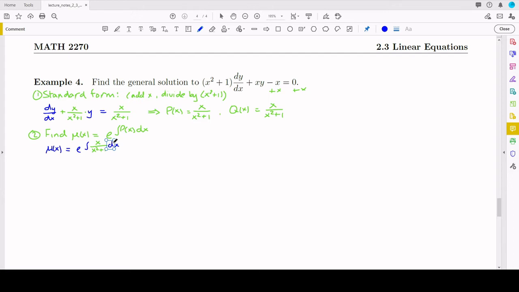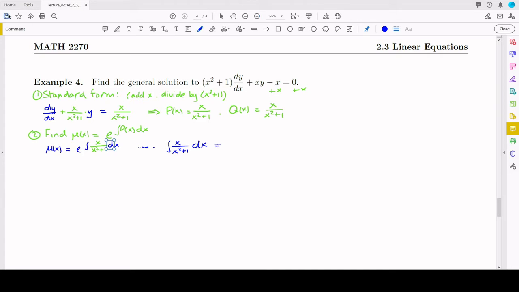Okay, now let's do that integral on the side for the moment. So I'm just going to look at that integral, and then I'm going to worry about that e later. So I want to figure out what the antiderivative of x over x squared plus 1 dx is.